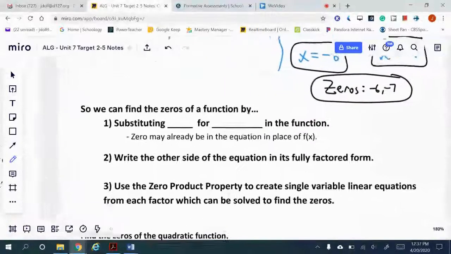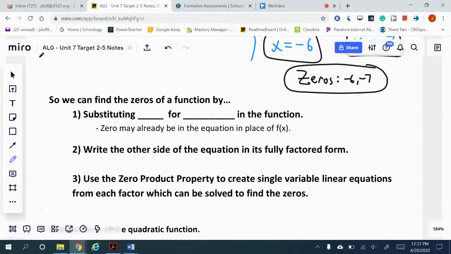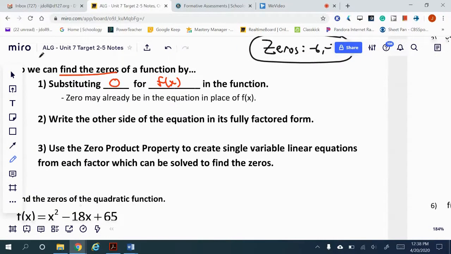So let's just summarize everything we've done here. The first thing we always have to remember is that if we're finding zeros, we need to substitute 0 for f of x. Now, there may be times, guys, we give you a problem where we've already done that for you, but if we haven't, that's got to be the first thing you do. Then the next thing we do is we need to write the fully factored form, if it's not already factored.